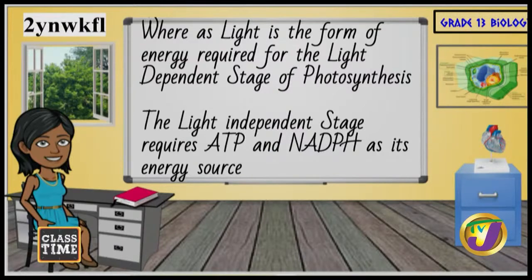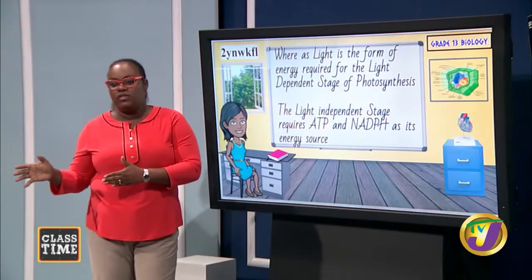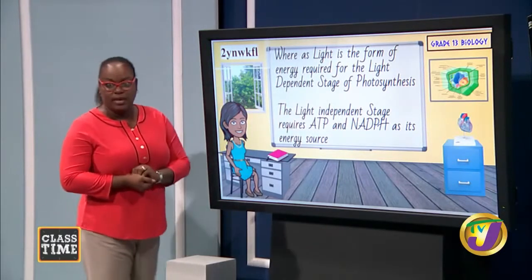Well, the light-dependent stage of photosynthesis is where these two main substances, ATP and NADPH, are made. Now, ATP and NADPH are very important to the next stage of photosynthesis, hence why the first stage is important.